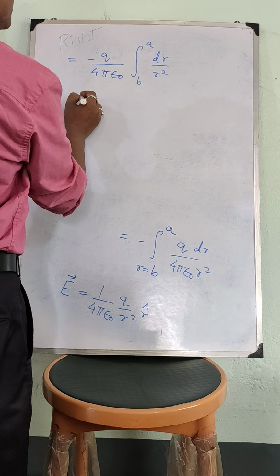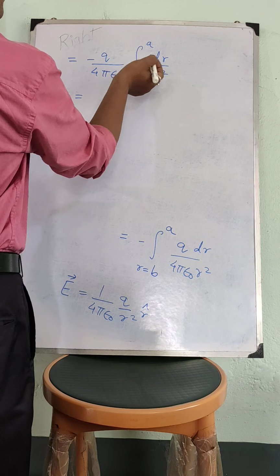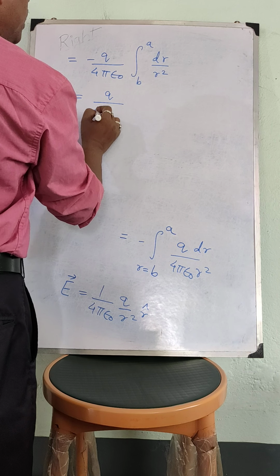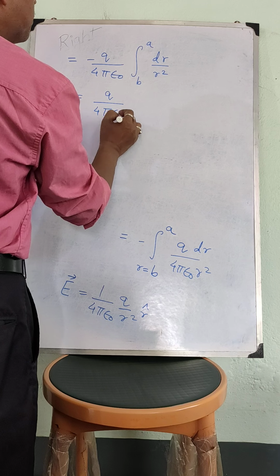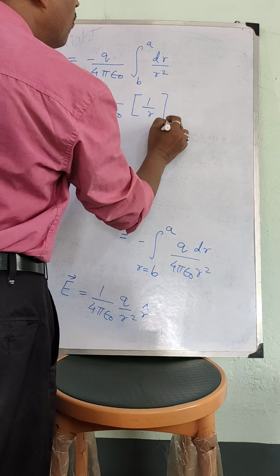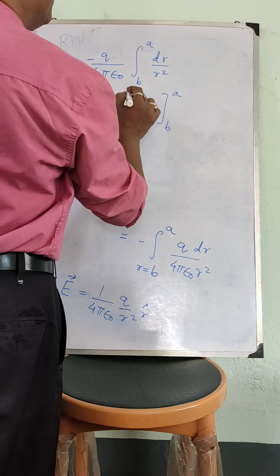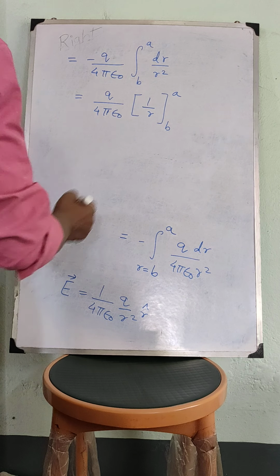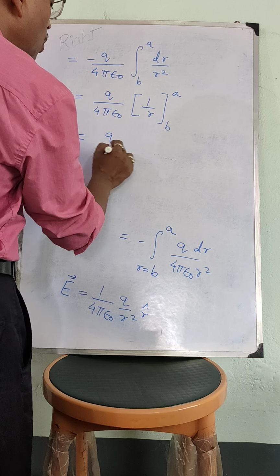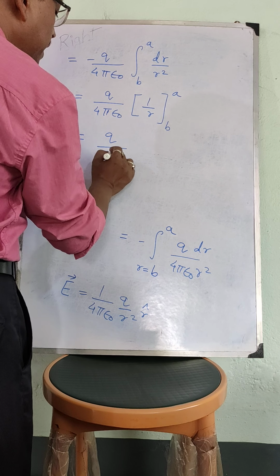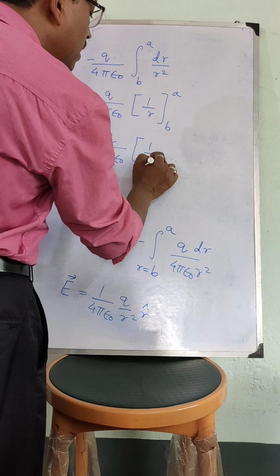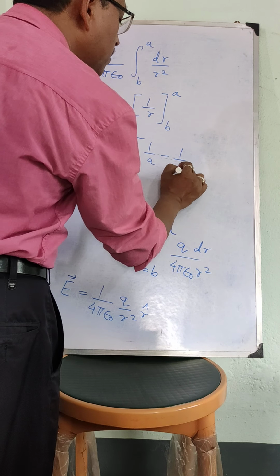You know that this is minus 1 by r, and that minus with this minus will make it plus. So Q by 4 pi epsilon 0 times 1 by r from b to a. Now let us put the limits. So this is Q by 4 pi epsilon 0, 1 by a minus 1 by b.